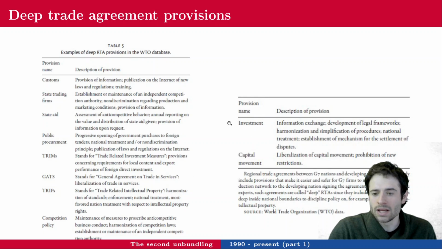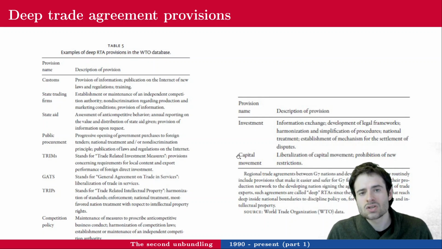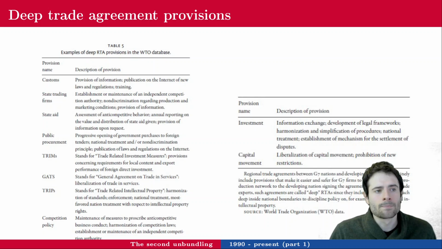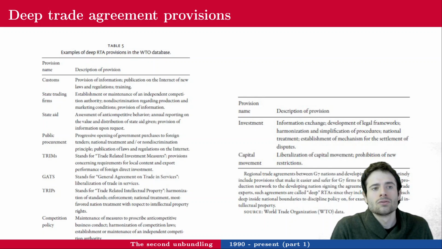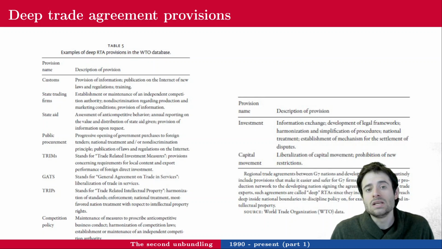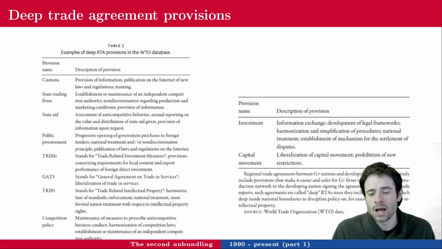That could be regarding investments or capital movements. So those could be extra conditions that may make trade between firms or may make investments between a firm from one country to another country easier, and as a result, trade might also be easier.